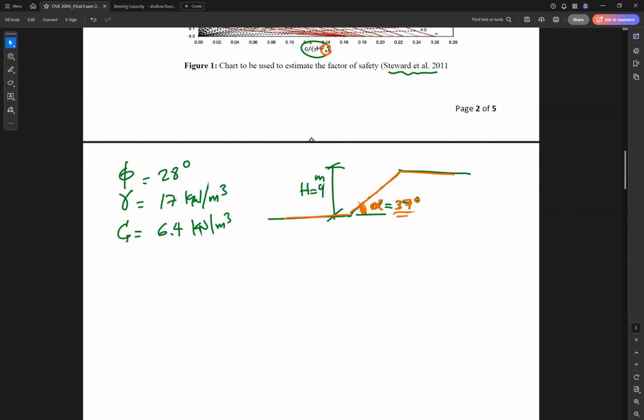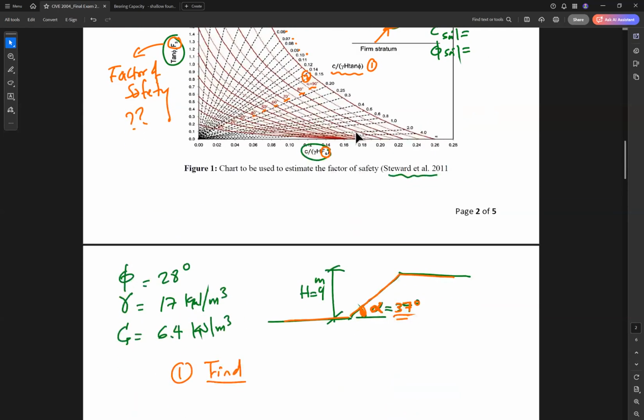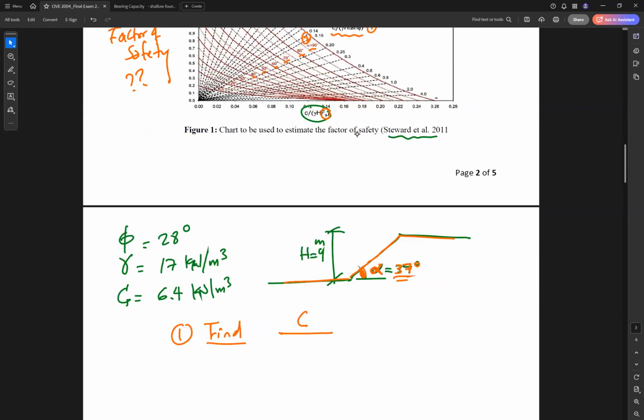37. Okay. So the first step, you need to find this value here, C over gamma H tan phi. Number 2, using alpha, you have 37. So how much C? 6.4.